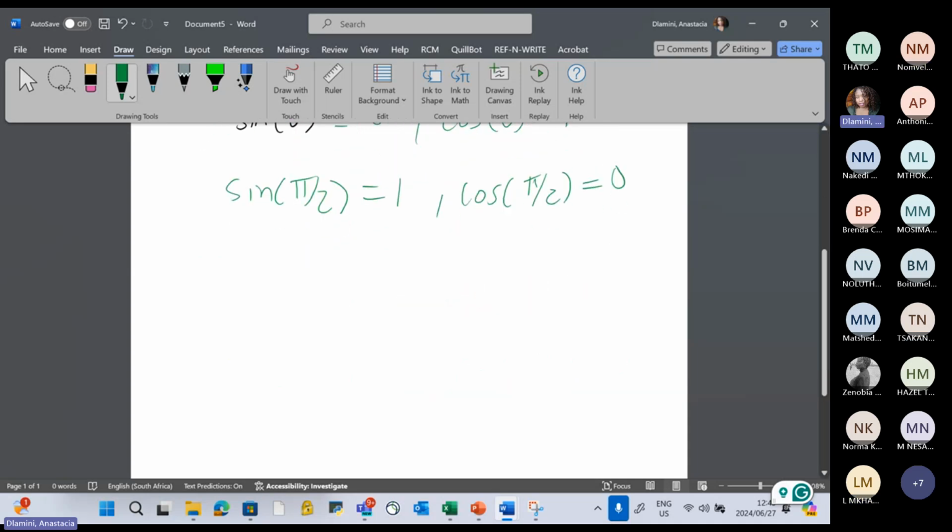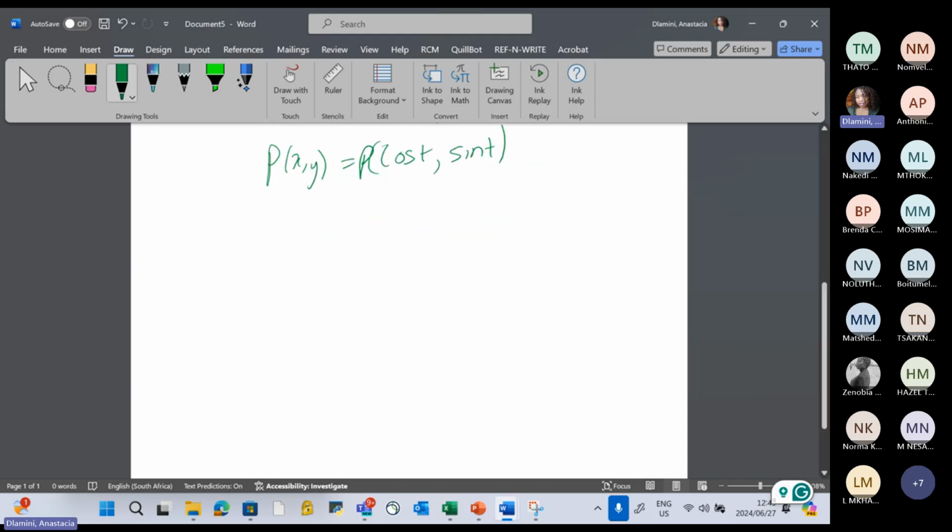Now, remember we said the terminal point is x and y, which can be represented as cos of t and sine of t. Do you remember that? Yes, ma'am. So I want you to give me that table of the terminal points.